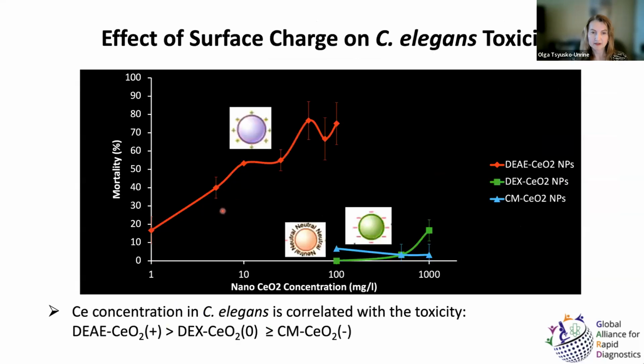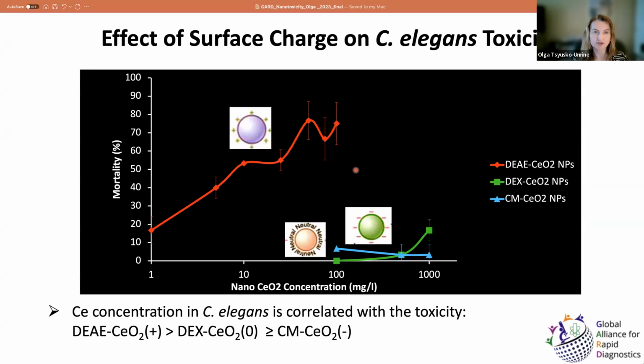And if we look at the toxicity of those particles, again, positively charged particles are the ones that show the highest toxicity, while negatively charged and neutral particles don't show toxicity until we reach really, really high concentrations.